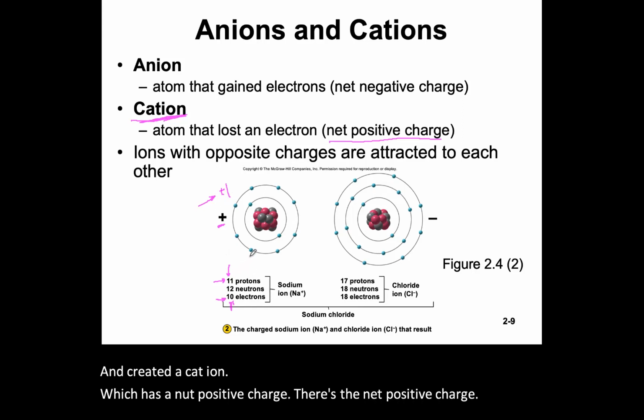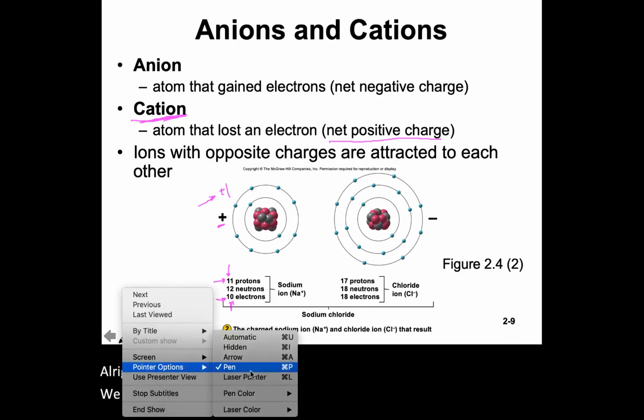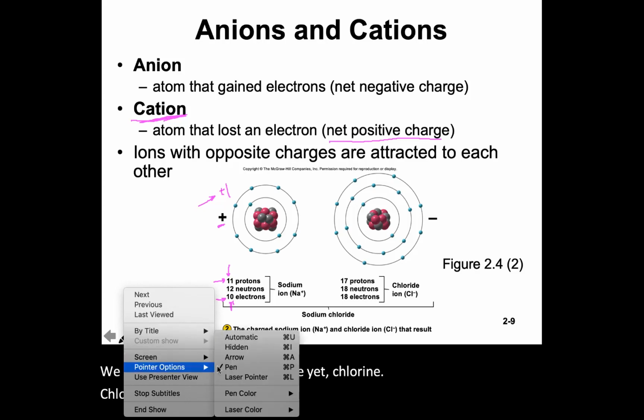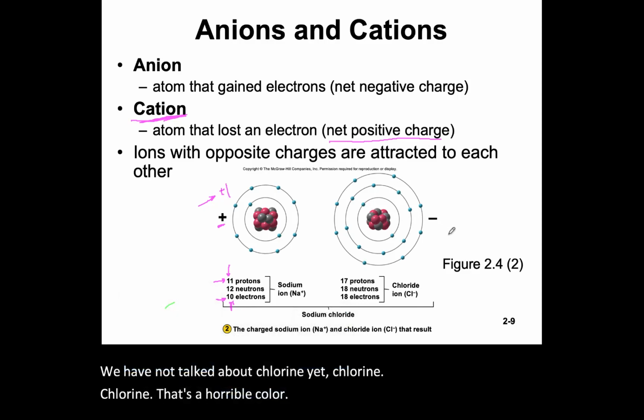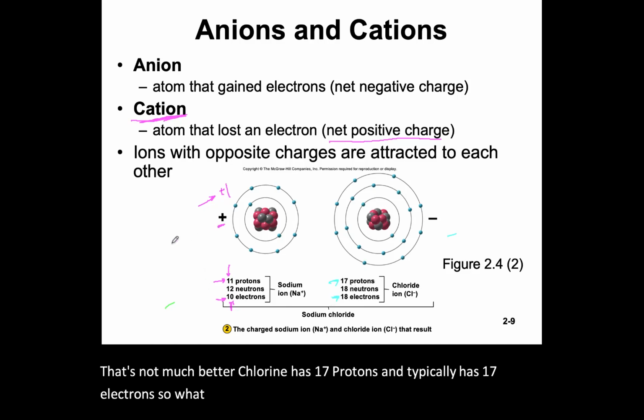All right. Now, chlorine, we have not talked about chlorine yet. Chlorine has 17 protons and typically has 17 electrons. So what does chlorine look like if it is normal?